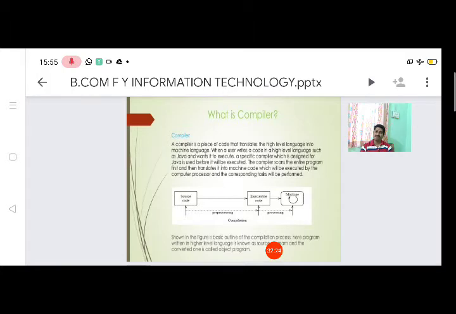It has a specific instruction set architecture, which is processor dependent. Compilers are also platform dependent.